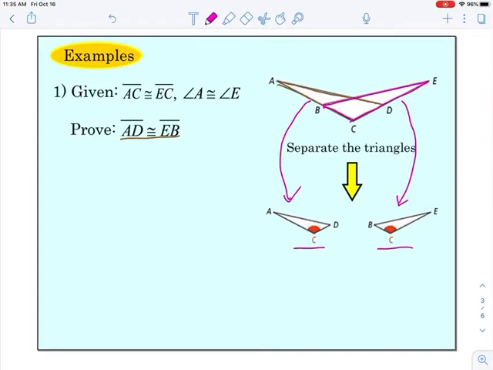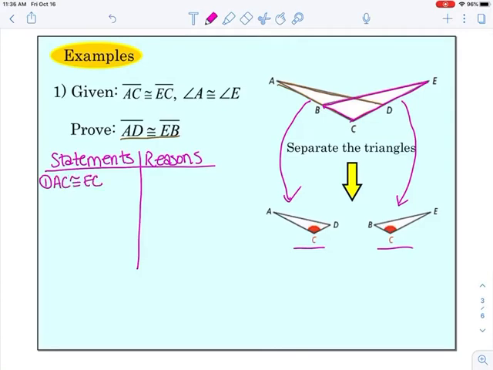Again, to do my proof, I need statements and reasons. No matter what, the first thing that goes inside my statements is my given. So I have AC is congruent to EC, and angle A is congruent to angle E. The reason I know that they're true is because they are given. I'm going to mark them off in both pictures, because it's the first one we're doing.